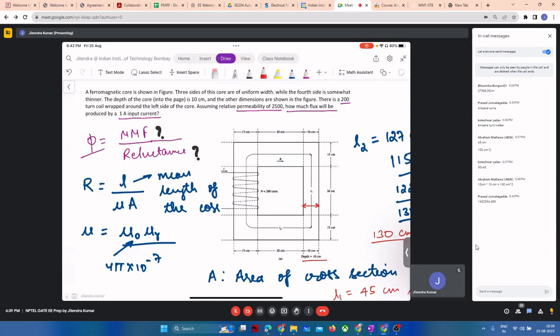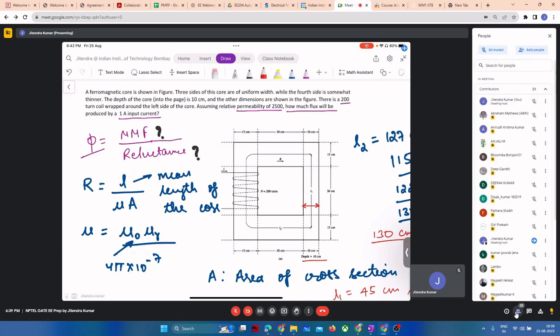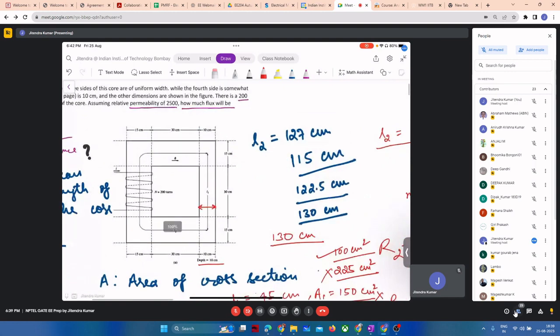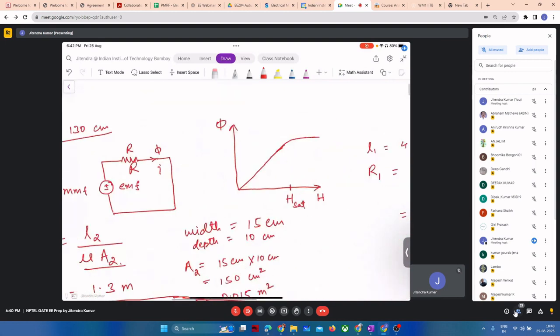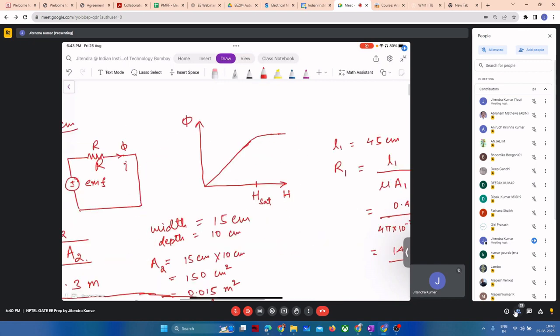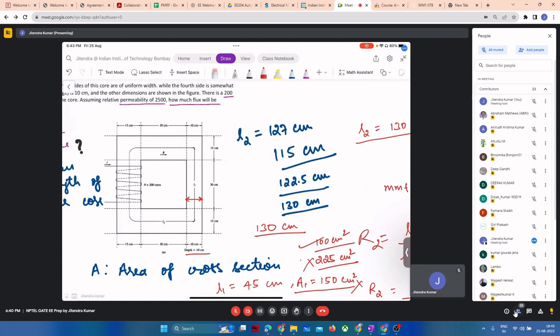Someone is saying parallel. I don't know why they are saying parallel, but let us see. What happens in an electrical circuit? If we have an electrical circuit like this, with some current flowing, let us consider this one resistance and this one resistance, and this MMF source. Are you able to visualize it?